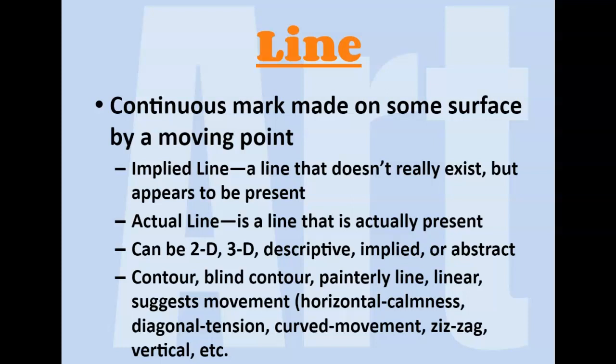We have contour lines, blind contour lines, painterly lines, linear lines. Line can suggest movement. For example, a horizontal line can produce a sense of calmness, whereas a diagonal line can cause tension, and a curved line can give us a sense of movement.